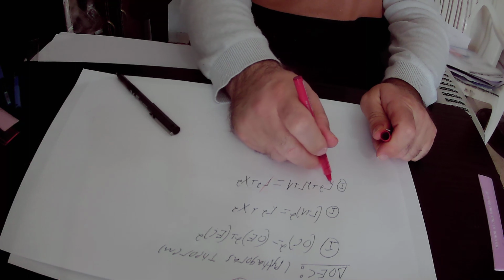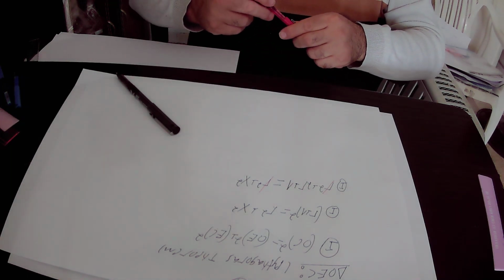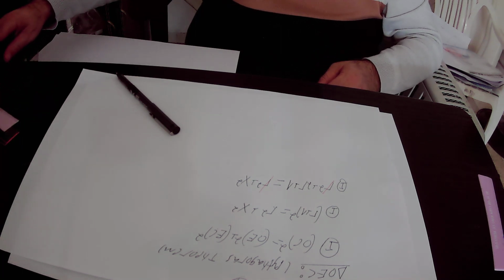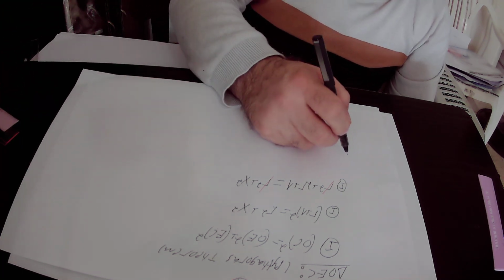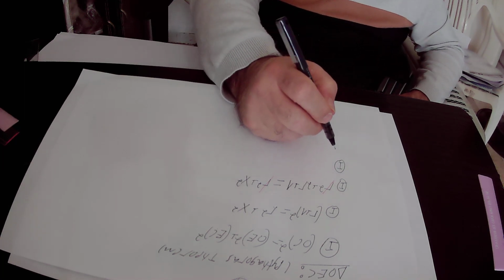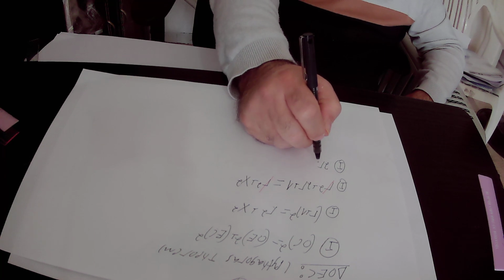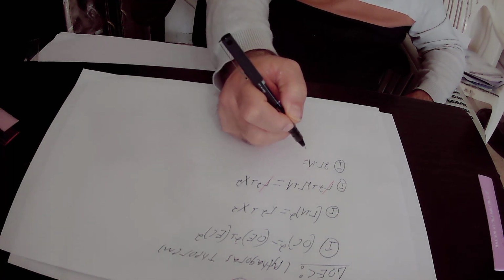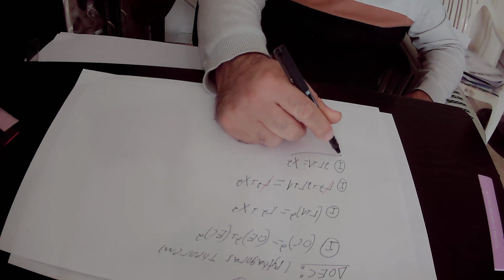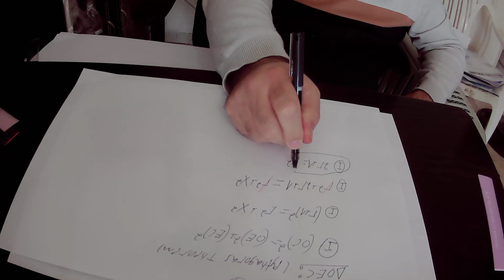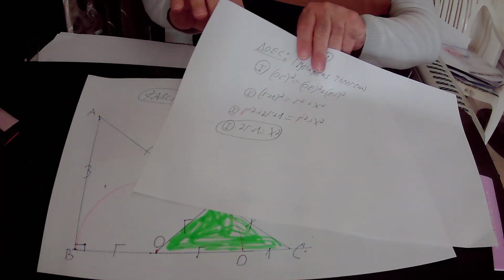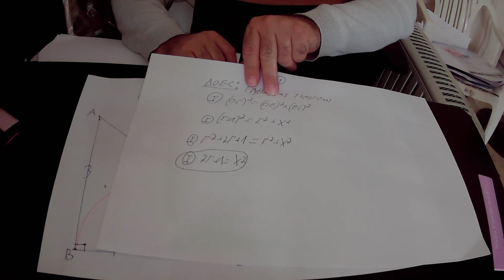And what is left from equation number 1 after we cancelled R square? What is left is 2R plus 1 equals x squared.